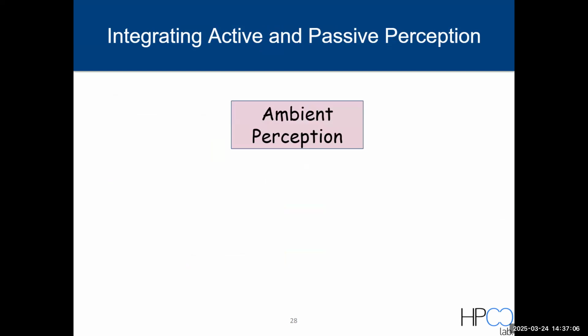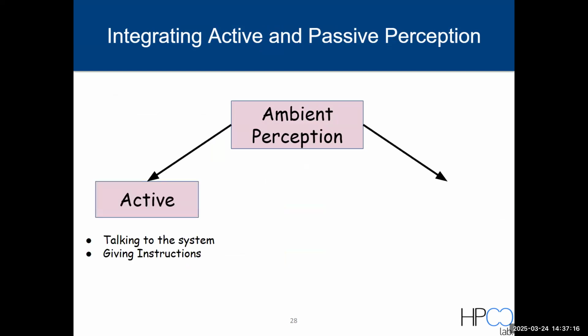So, integrating active and passive perception. The goal of the thesis is to provide an ambient perception for the BVI. There are two ways to integrate this. Ambient perception can be said to be active perception, where it can be dealt with by talking to the system and giving instructions.